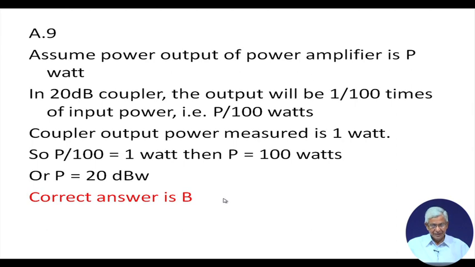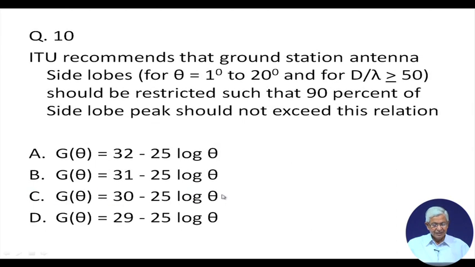Now, we have the last one. This is from memory, you have to recollect, that is ITU recommends for ground station antenna side lobes. It is similar to the ITU main peak gain mask, radiation mask.